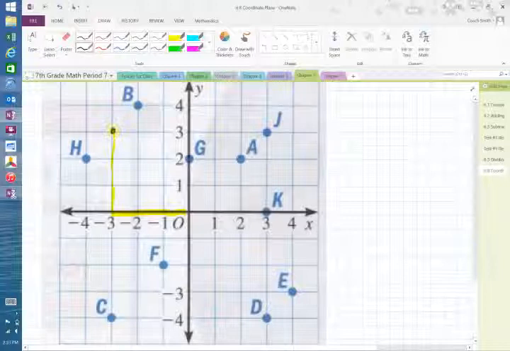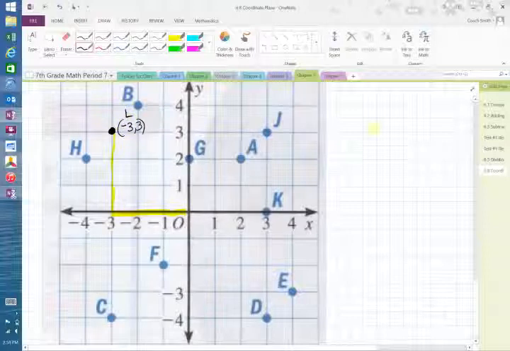So that would be right there. So you would draw a little graph on your paper. You would plot that point. Beside that point, you would put -3 and 3. You would put point L.